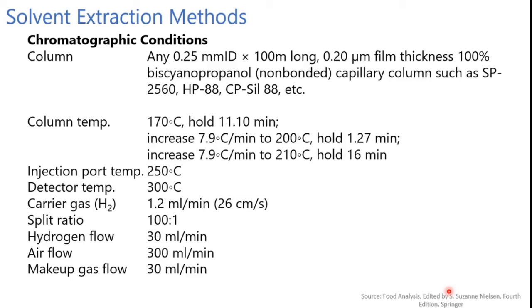It has an internal diameter of 0.25 mm, a length of 100 meters, and a film thickness of 0.20 micrometer, and it is a 100% biscyanopropyl non-bonded capillary column. For example, SP2560, HP88, CPSil 88, etc.